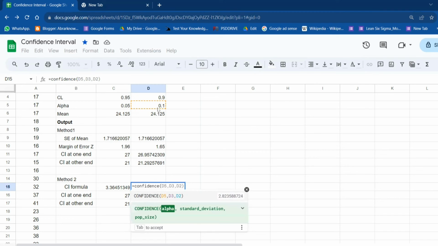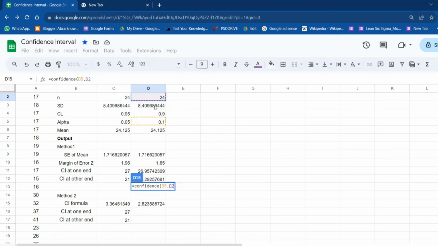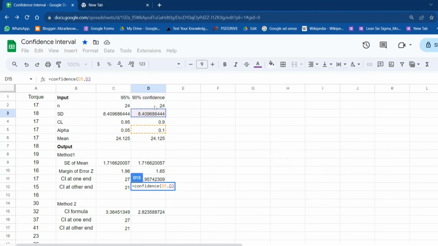Okay, alpha. In our case, this is the alpha value, comma, standard deviation, will go to standard deviation, comma, and then you have a sample. This is your sample. Almost similar value, right? And then if you wanted to calculate this, method 2 is quite straightforward, right?